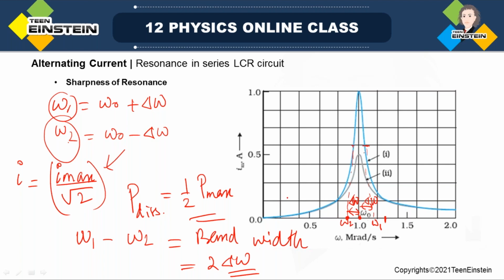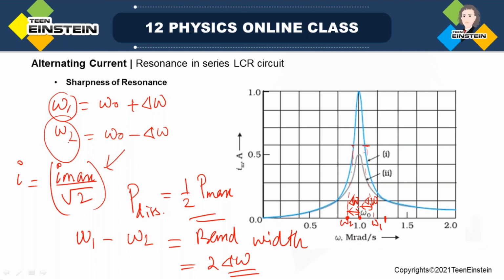You might have experienced while tuning a radio that when we are not exactly at the resonance frequency, but just a little bit away from it, we can hear various sounds.